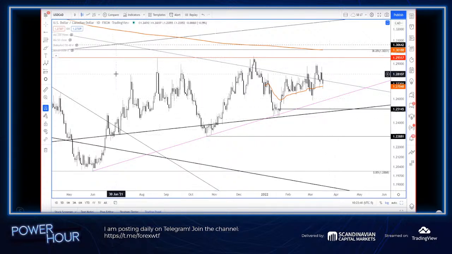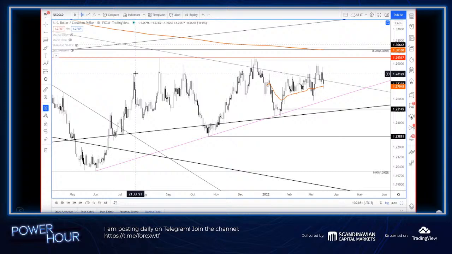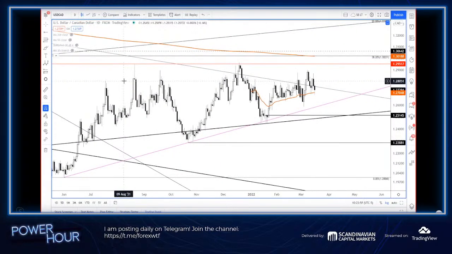It does not jive with my bearish bent on the dollar in general, but maybe that's totally wrong. And if that's the case, this might be the place to be in terms of playing a big move higher in the dollar. And again, that's not a prediction; it's just an observation, right?